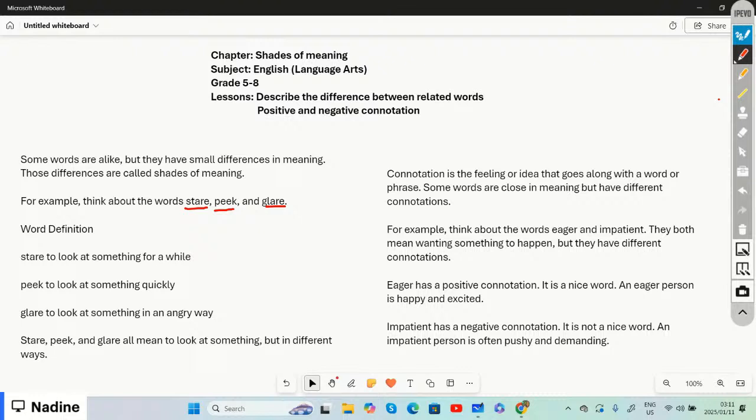And if we look at the meaning of stare, to stare at someone or something. If you stare at someone or you stare at something, then it means that you are looking at something for a while. It's like you're staring at this thing or staring at this person.